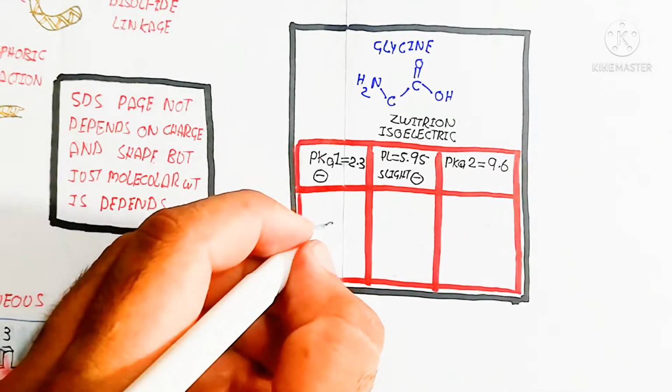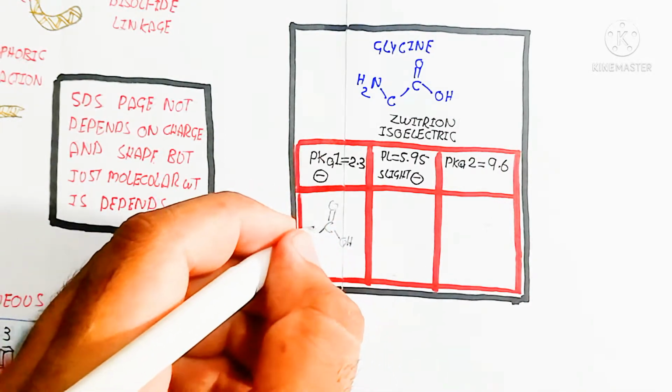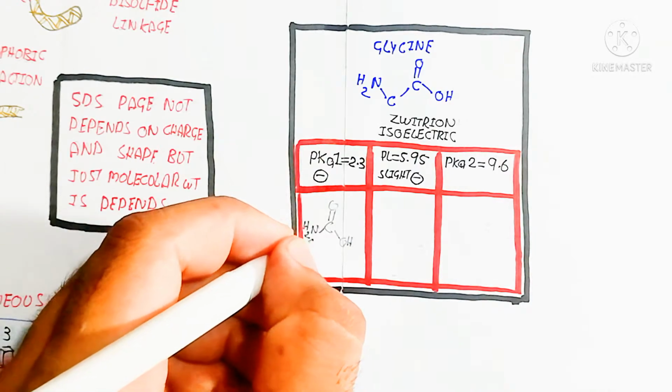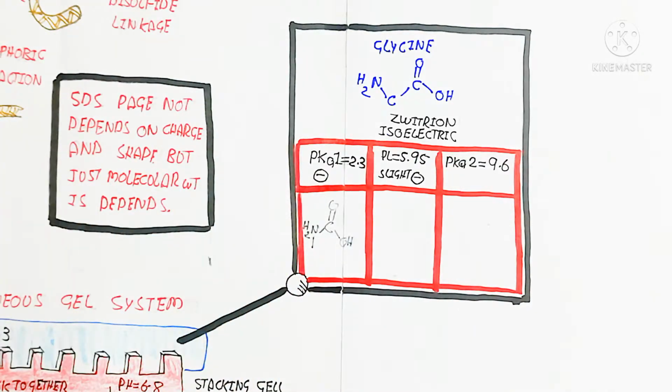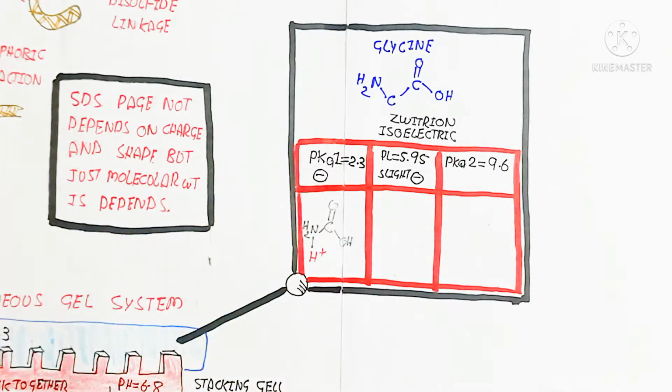On the other hand, pKa2 is equal to 9.6, which means it is more basic and able to accept a proton. So remember that.